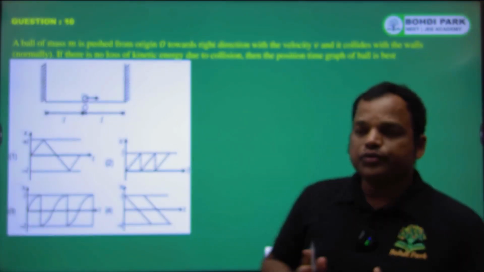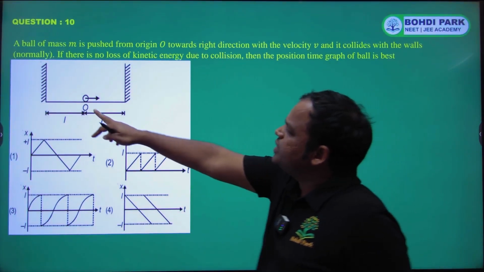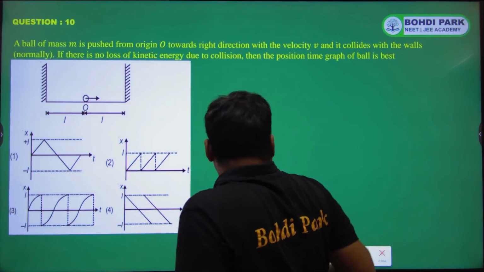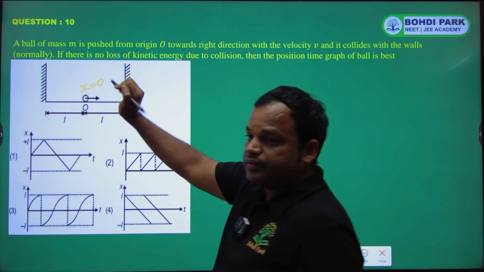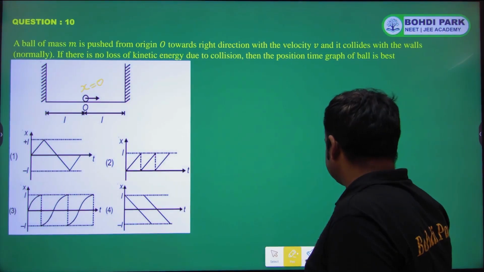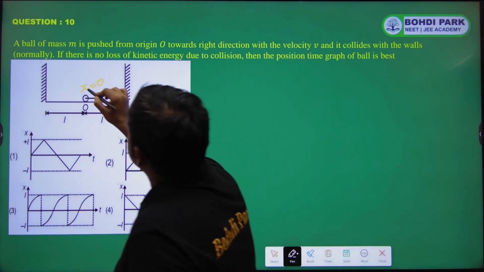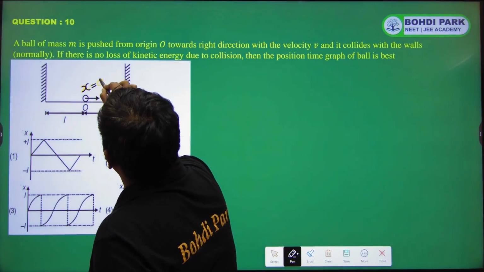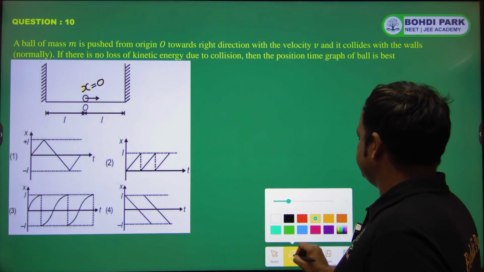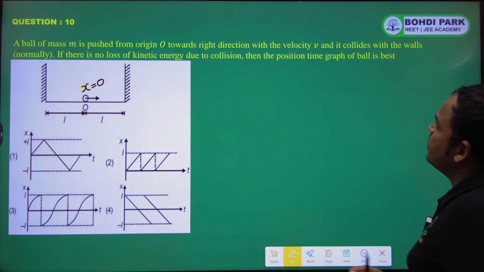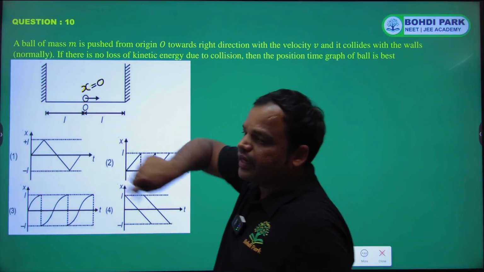In this 10th question, a ball of mass m is pushed from the origin. This is the origin, and for this origin, the x value is 0. The velocity of this ball is v in the rightward direction.